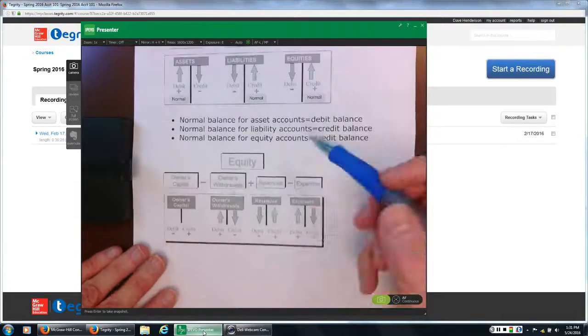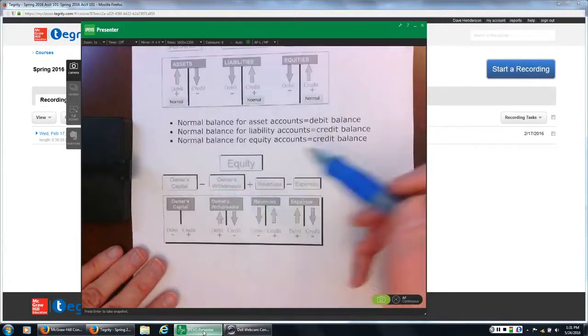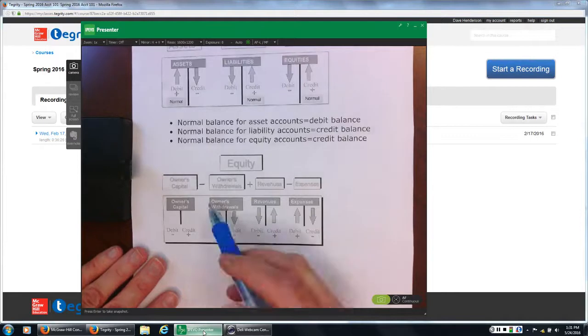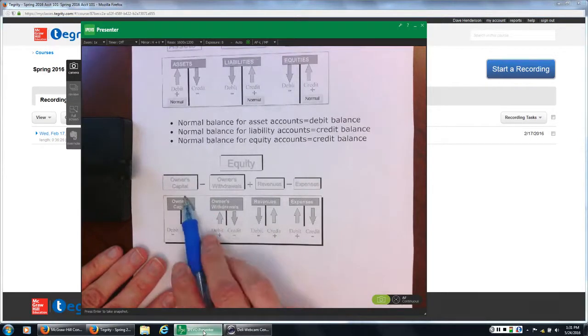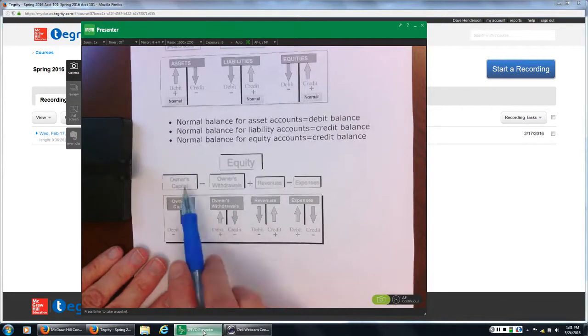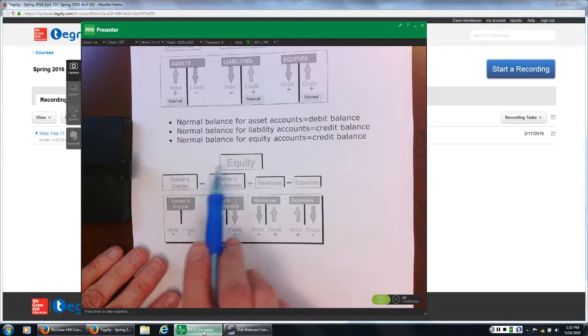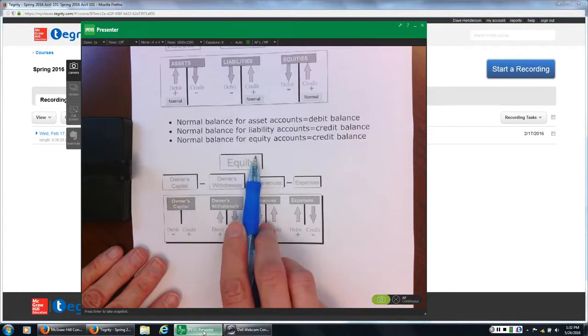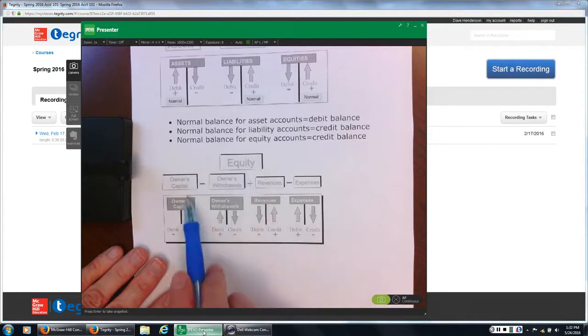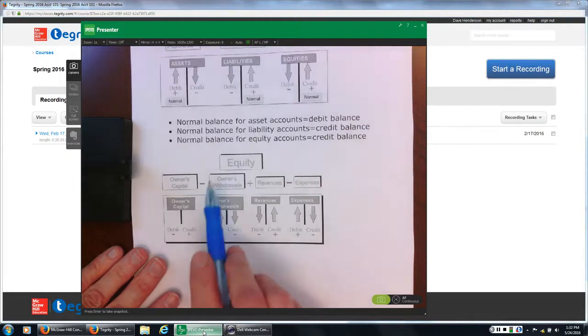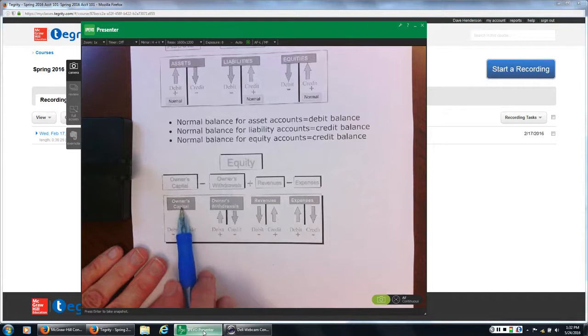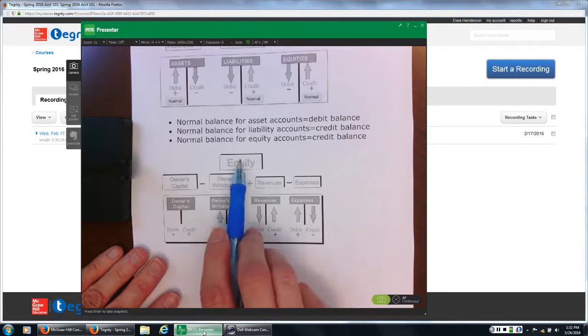Okay? And this is basically what I've just been talking about before with the four components of equity. So we look over here and say, owner's capital positively affects equity. If owners invest more money into their business, owner's capital goes up, which means equity goes up. We recognize that owner's capital goes up with a credit, because credits influence equity.